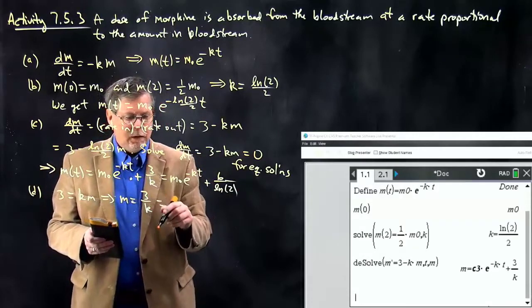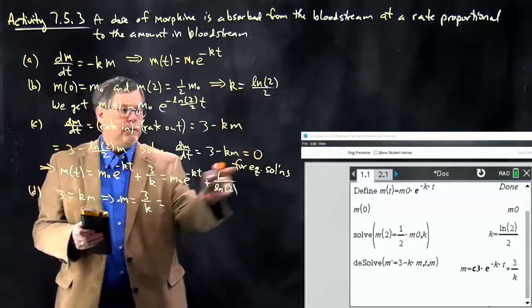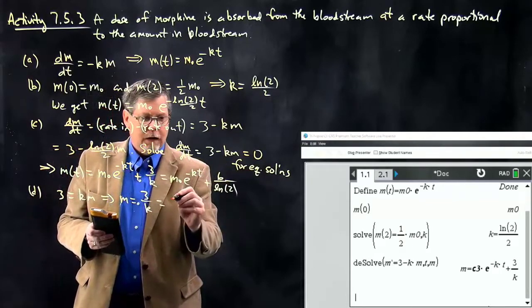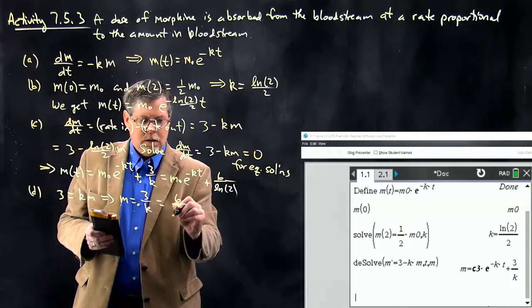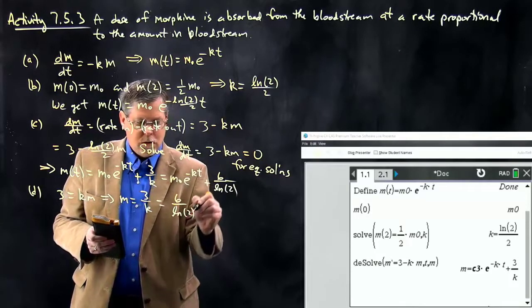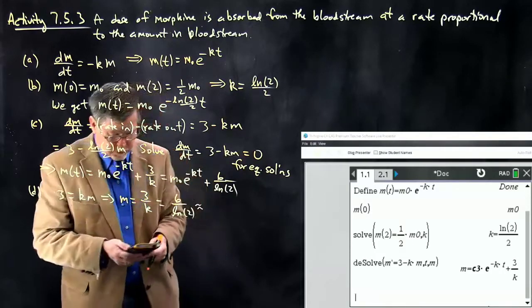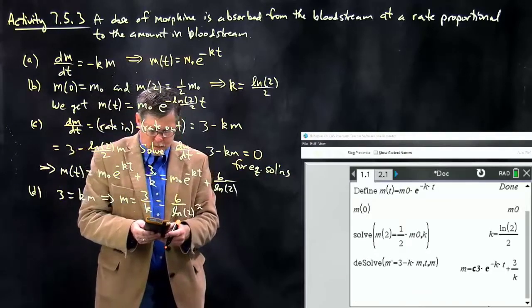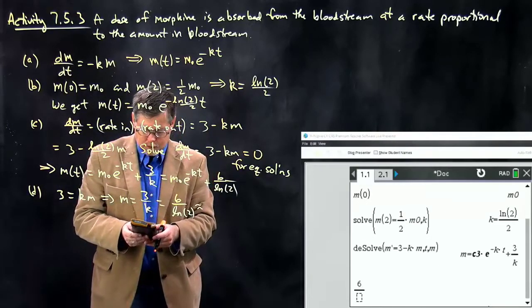Okay, and so here we get, oh, this was the same thing we just had. So here m is going to be 6 over log 2, which is approximately equal to, let's compute that, 6 divided by log 2.